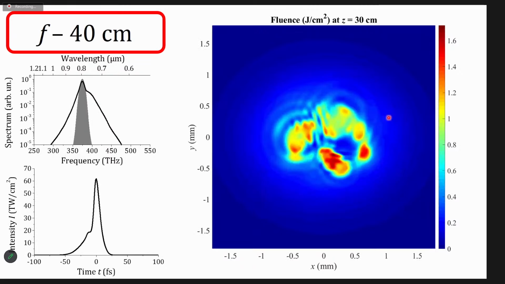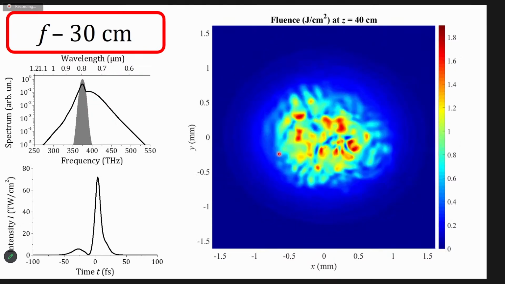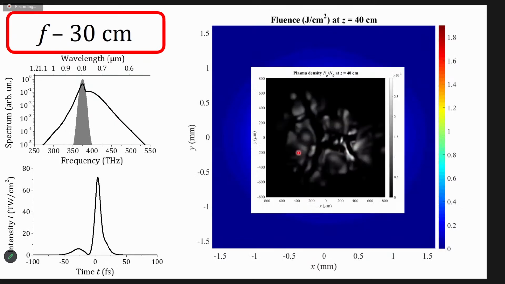Then the multiple filamentation happens. Significantly before the focus, the interactions, the conical rings surrounding the single filaments, all this quite familiar multiple filamentation stuff happens.